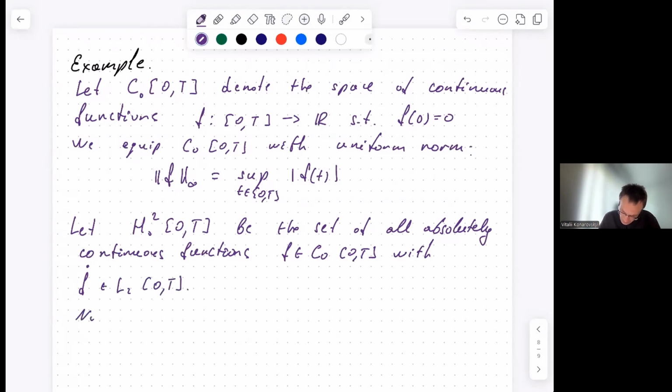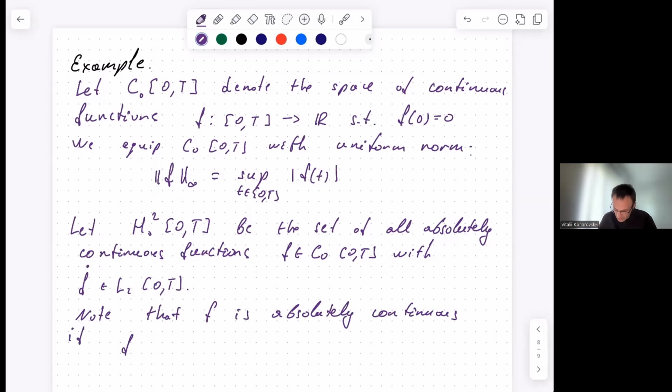Let's here note that f is absolutely continuous if it can be written as, also you see that here we work with functions that start at 0, so therefore we will have here 0, or maybe it makes sense to write that completely. Okay, some function is absolutely continuous if we can write it in the following form.